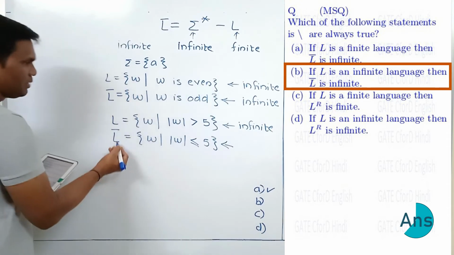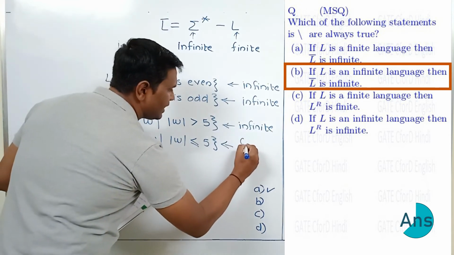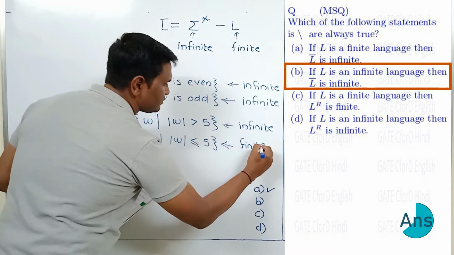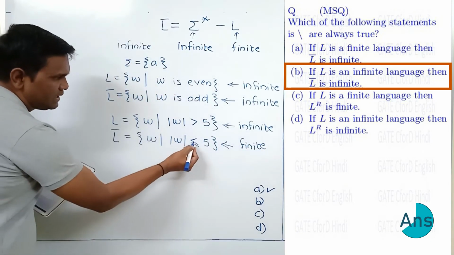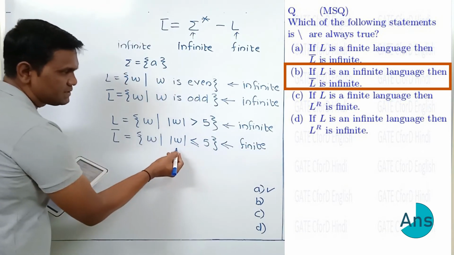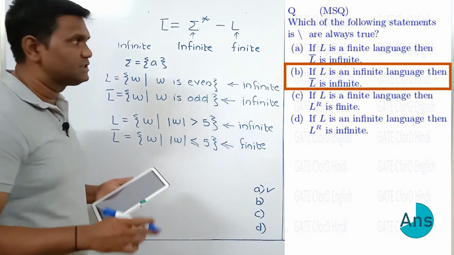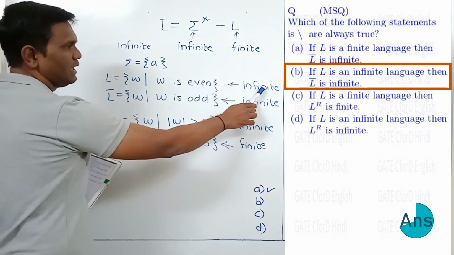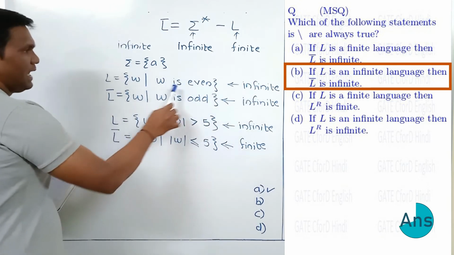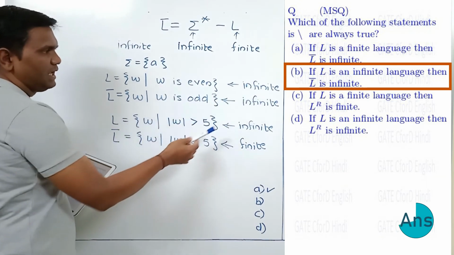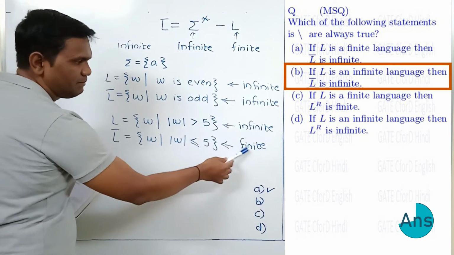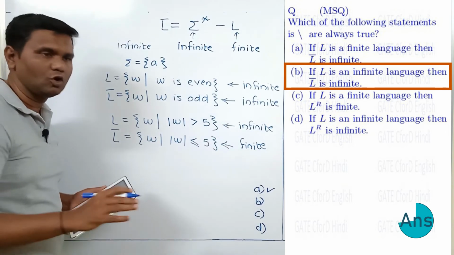So in this case, complement of the language is finite. So this is finite language. So option B is not always true. For a given infinite language, complement of the language can be infinite, it can be finite. So option B is not always true.